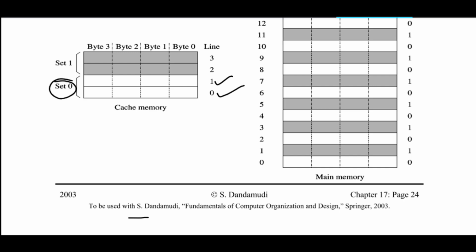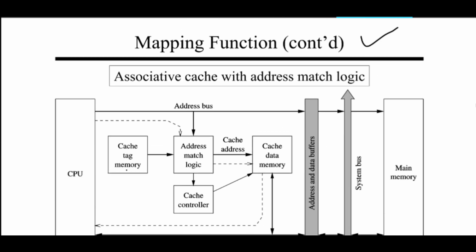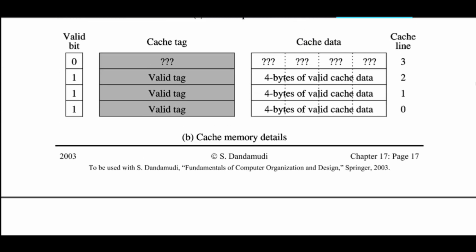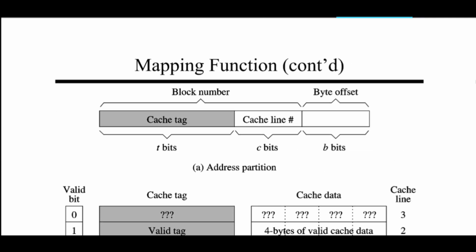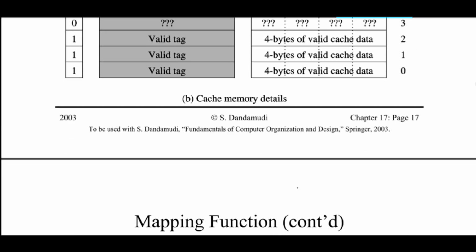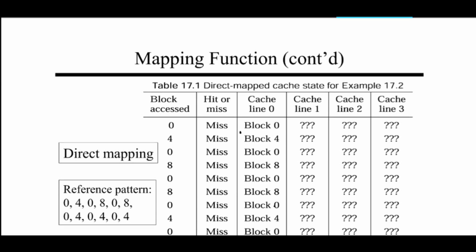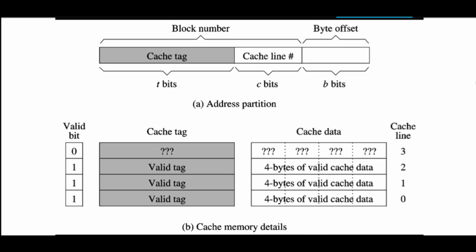Let's move to our direct mapping. We have discussed associative mapping, and this is set. This is our direct mapping.